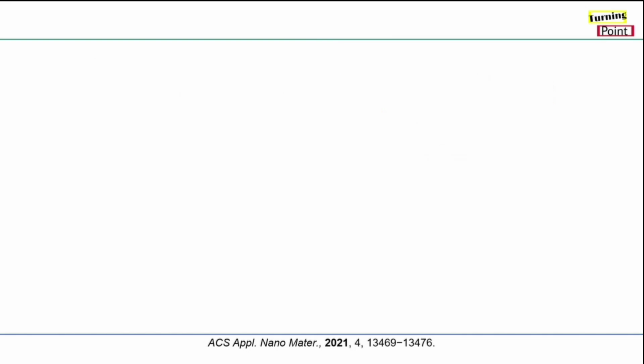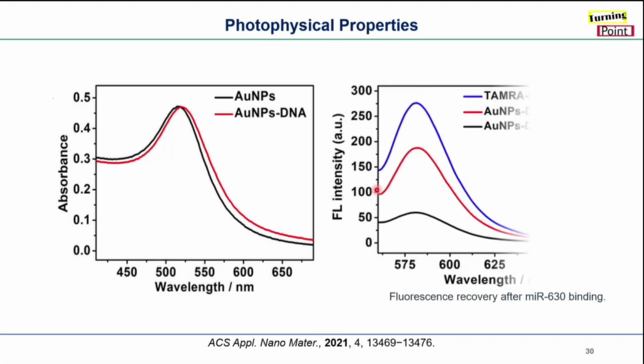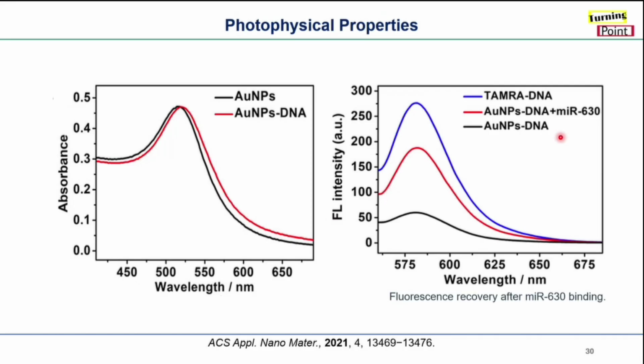To study this, they measured the absorption spectra of the gold nanoparticle with the linkage of DNA. They confirmed the gold nanoparticle linkage with the DNA using the red shift in the absorption spectra from 518 to 522 nanometers. Further, they measured the fluorescence luminescence intensity. On the right side, we can see the TAMRA-labeled DNA, which initially has maximum fluorescence.